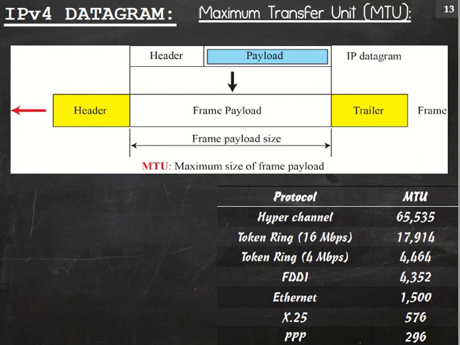The host or the router that fragments a datagram must change the value of three fields: flag, fragmentation offset, and total length.